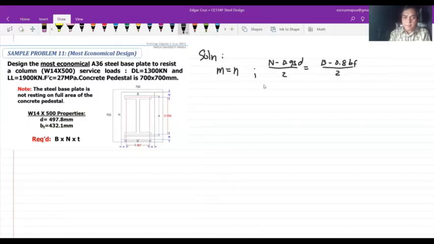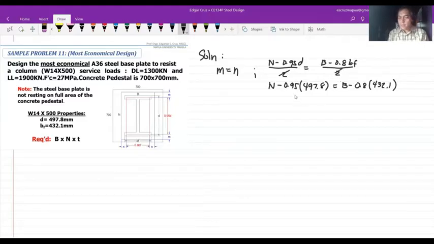So let's substitute the dimensions of D and BF. 0.95 of D, where D is 497.8, equals B minus 0.8 of BF, where BF is 432.1. The 2 cancels out.